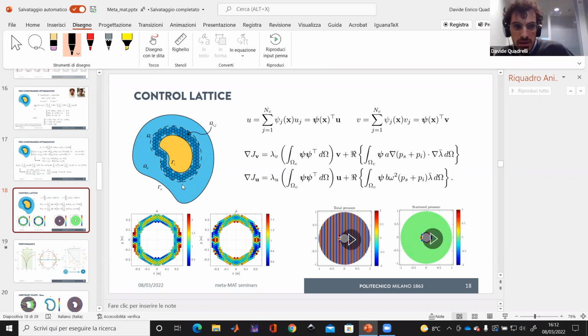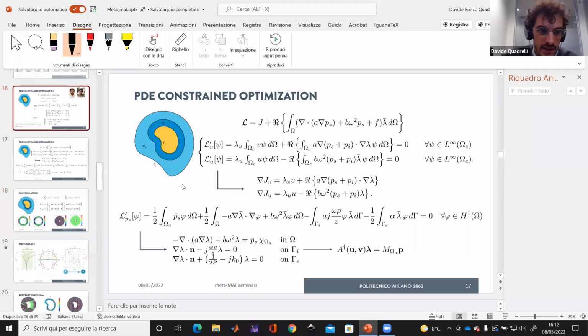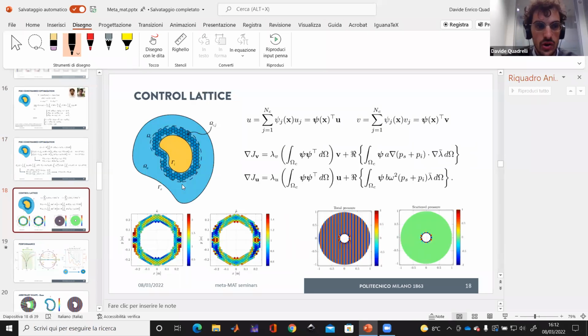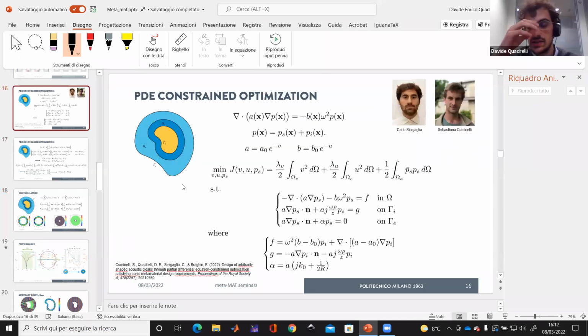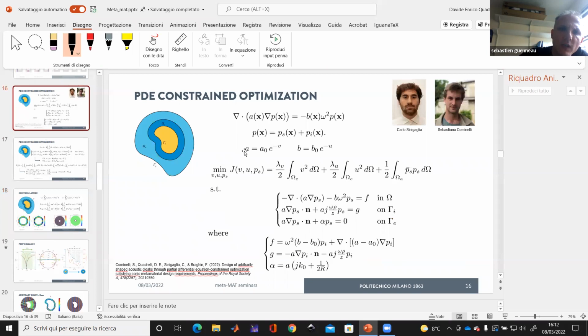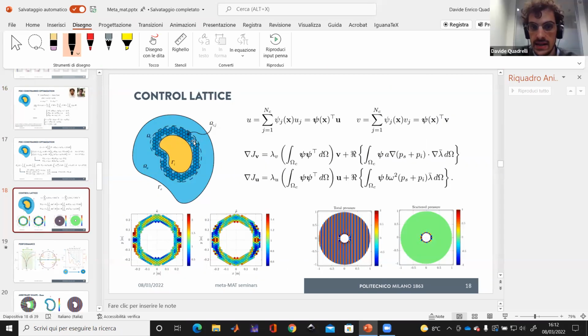This should be a question maybe Carlo and Sebastiano can answer better, because they introduced me to this optimization stuff. In the end, this formalism can work with continuous functions because we are retaining the partial differential equations. But the coefficient A, what is the regularity? The coefficient A is piecewise constant. In our case, it is piecewise constant.